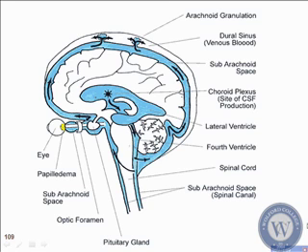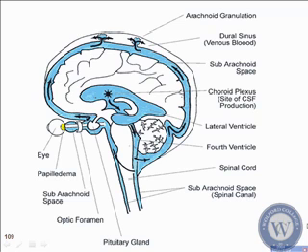Okay, so here's how the CSF is produced. CSF is produced from inside these actual holes inside your brain, which we call the ventricles. There's one on each side, inside the hemisphere, called the lateral ventricles. We also consider them ventricles 1 and 2.